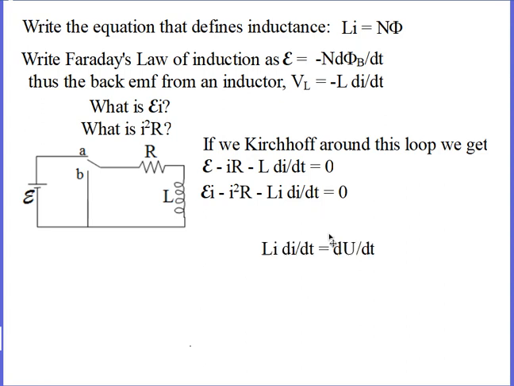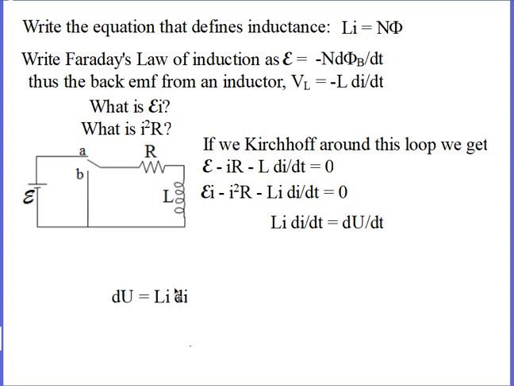So I will take that expression and set it equal to the rate of change in the potential energy of the inductor. Then I'll take this equation and multiply both sides by dt.